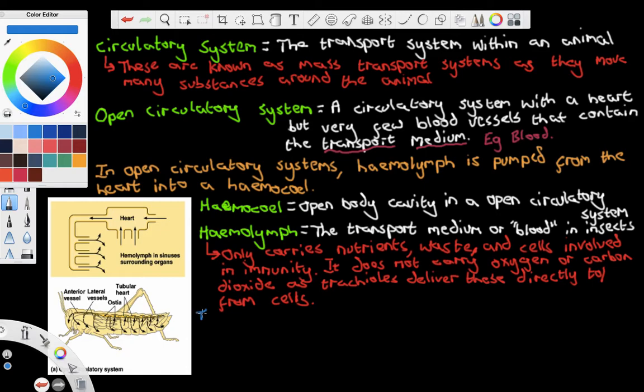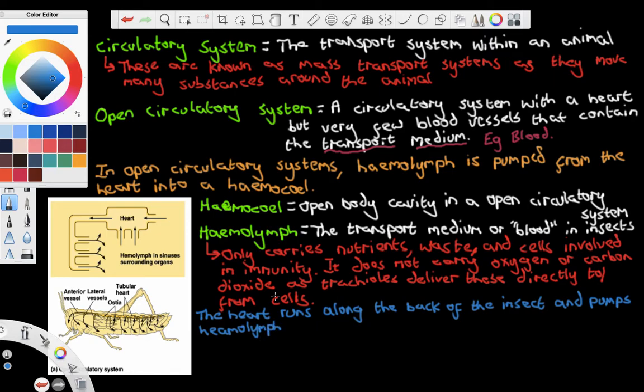So, the heart, I'm trying to save space, the heart runs along the back of the insect and pumps hemolymph into the haemocoel.